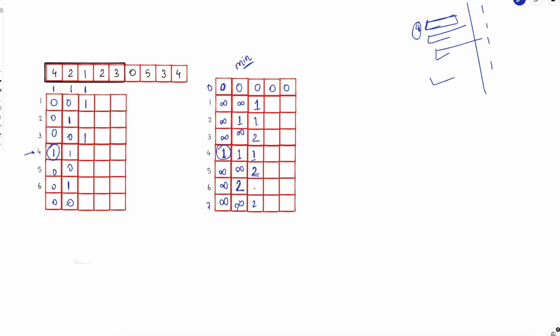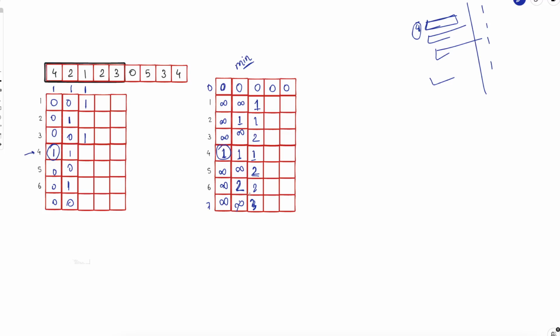So what does this entire thing denote? This denotes that, okay, to make 5 you need at least 2 elements with the first 3 elements of the array here. Similarly, to make 7 you need, I think this will be 3, right, because it will be from 6. So to make 7 you need at least 3 elements from these first 3 elements itself.